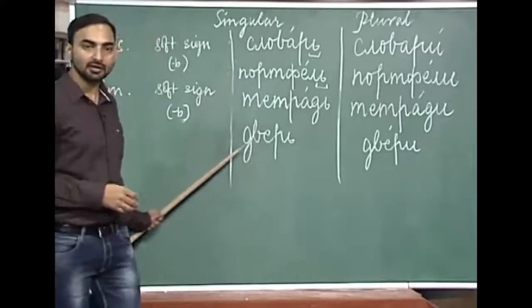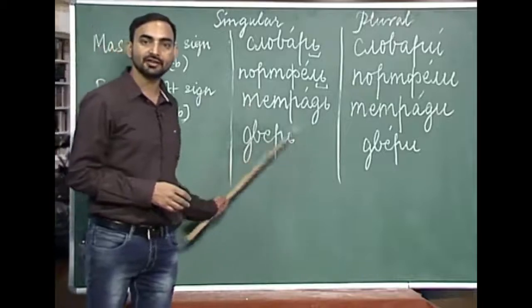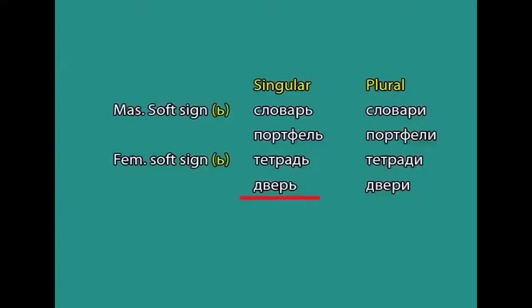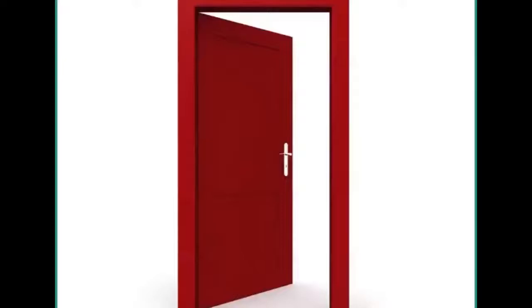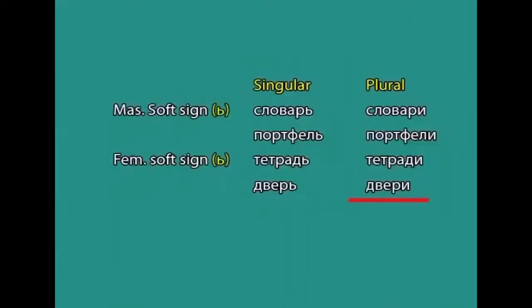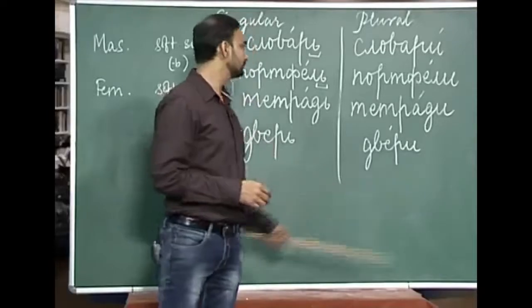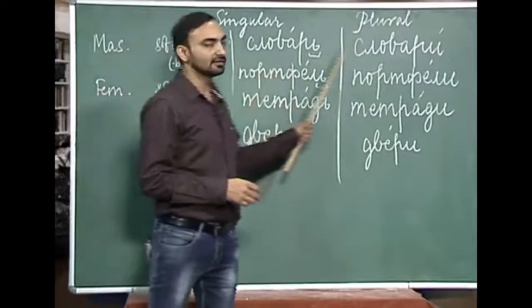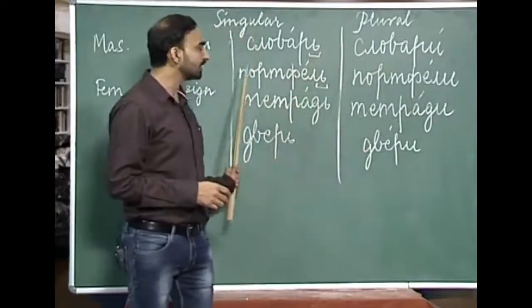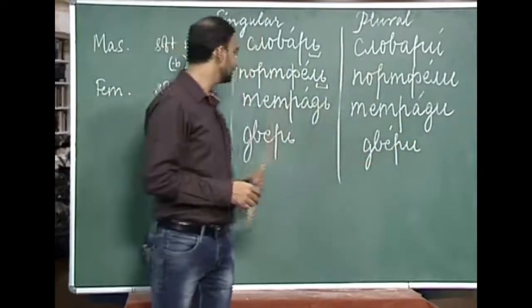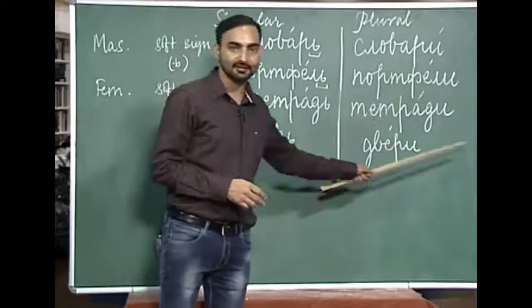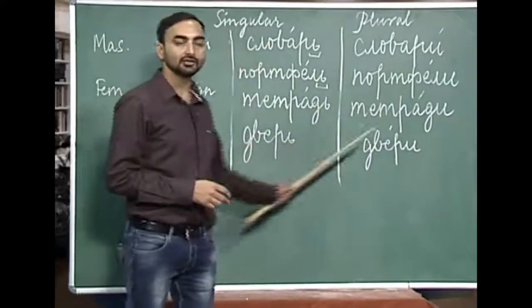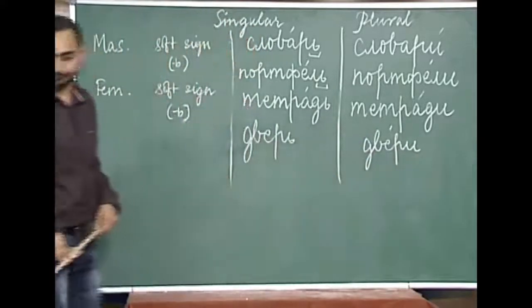The same way, the next feminine gender noun with soft sign ending is dver, which is door. And what is the plural of dver? Dveri, which is doors. So, let us revise them once again. Slovar, slovari, portfel, portfeli, tetrad, tetradi, dver, dveri.